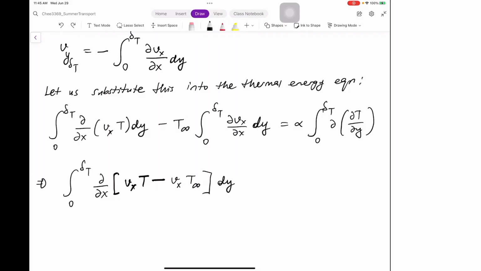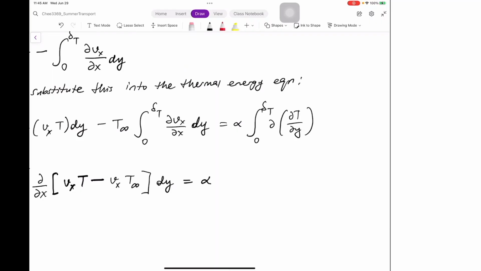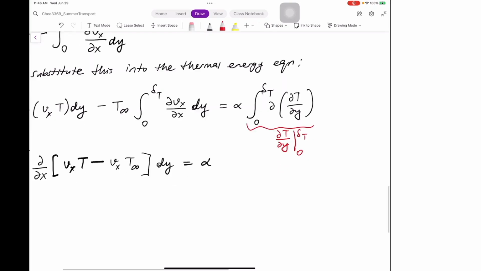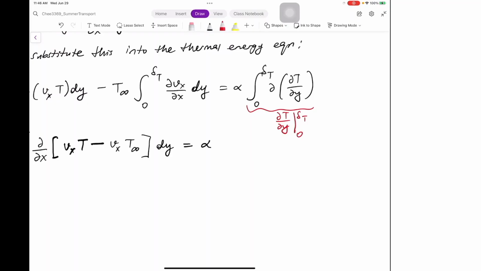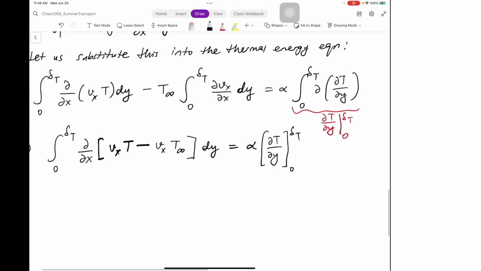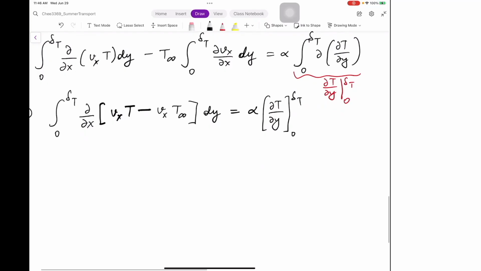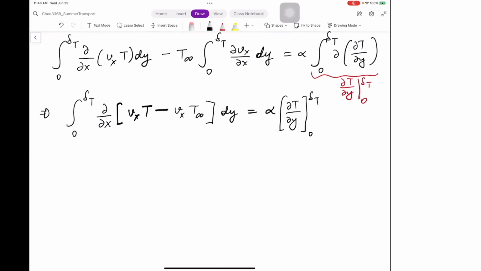It doesn't change with x either. Is equal to alpha. Now this term is del t over del y, estimated at boundaries. You subtract del t over del y at delta t and 0. So you're getting there, right? So we simplified it a lot.